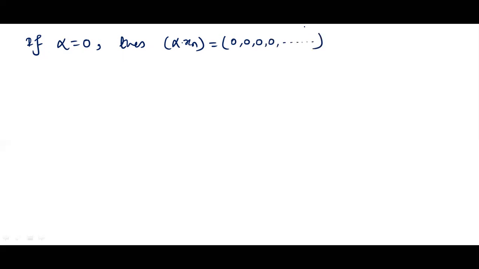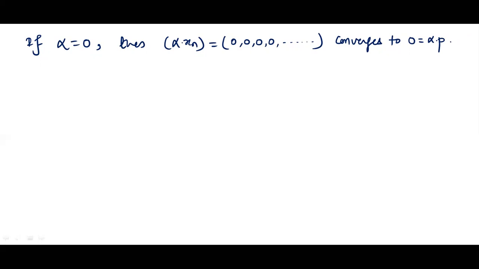It is a constant sequence, and it converges to 0, and we can write 0 as alpha into p if alpha is 0.